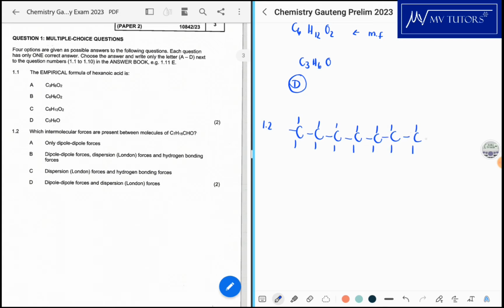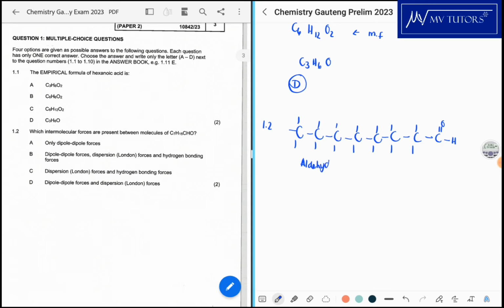And then we have another carbon, a double bond to oxygen, and a hydrogen over there. That's the last CHO. If you look at this clearly, it looks like it is an aldehyde.